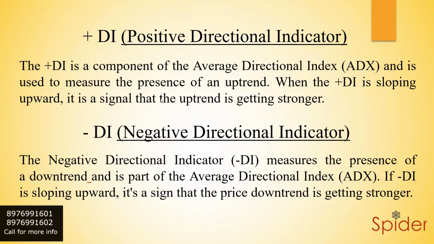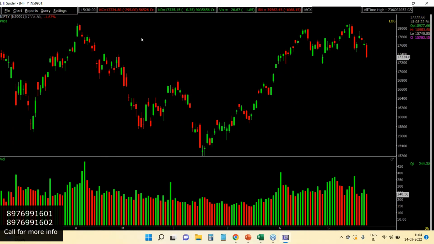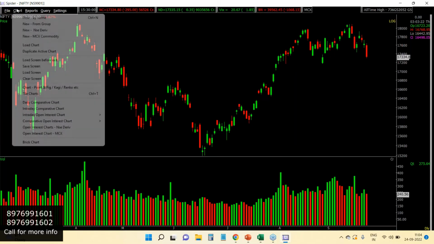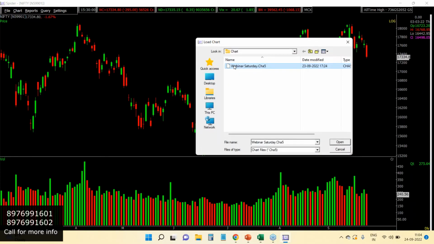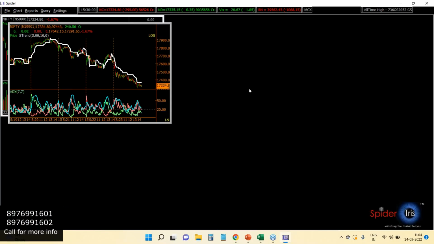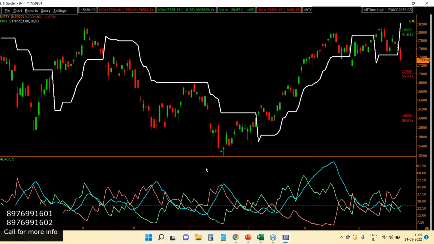Now I'll show you this in our software. We're going to the charts. This is the ADX indicator below, as you can see.